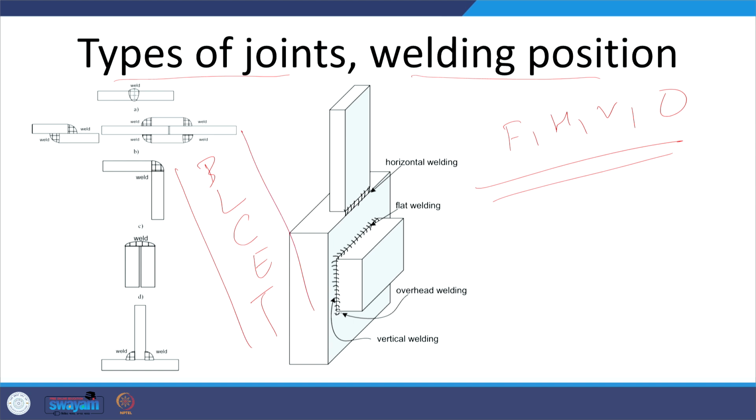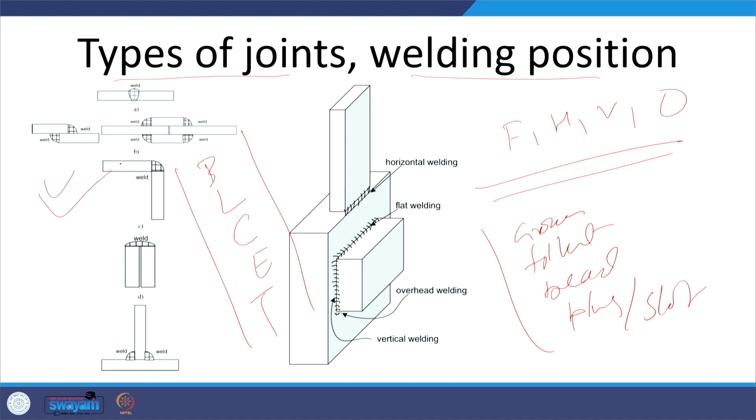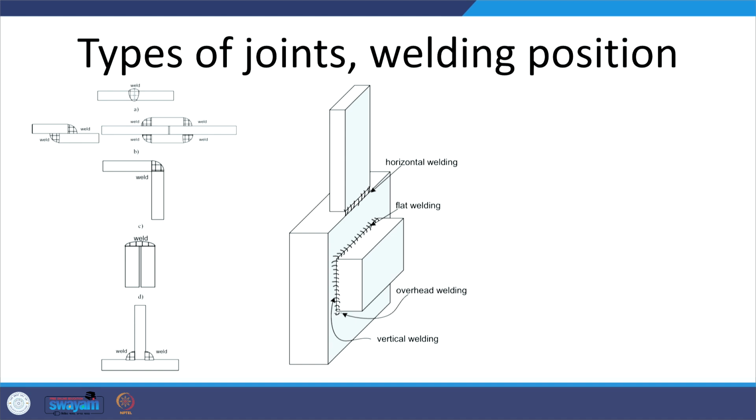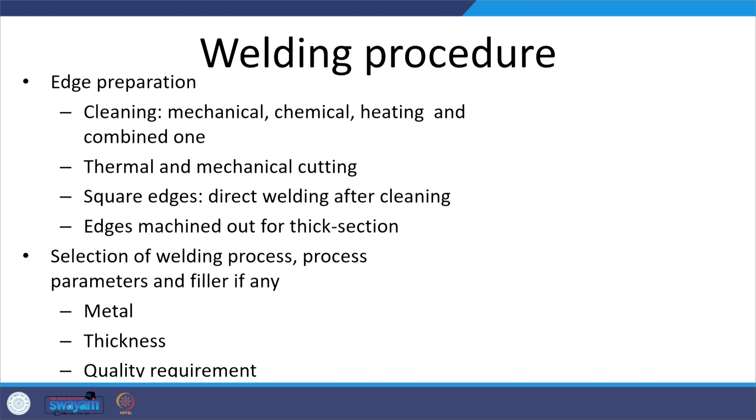The types of weld are about how the weld metal is deposited, like we have seen the groove weld, fillet weld, bead weld, plug and slot weld. Okay. That was about the way by which weld metal is deposited. Types of joint is about the placement, and the welding position is about in which position the welding is done and the weld metal is deposited.